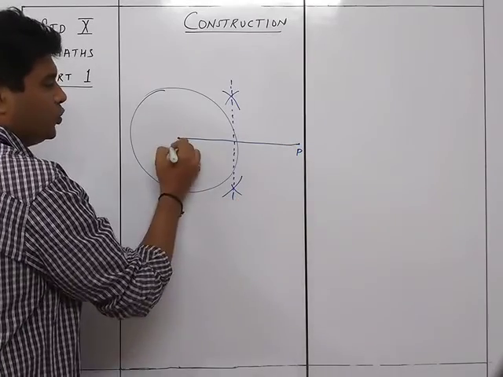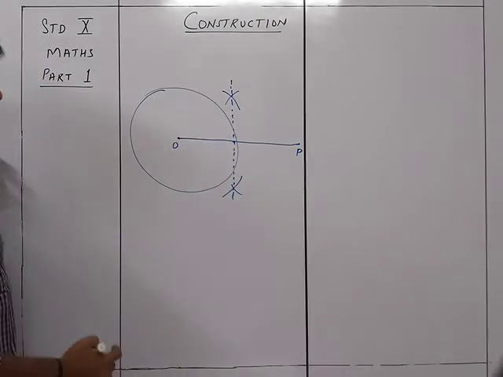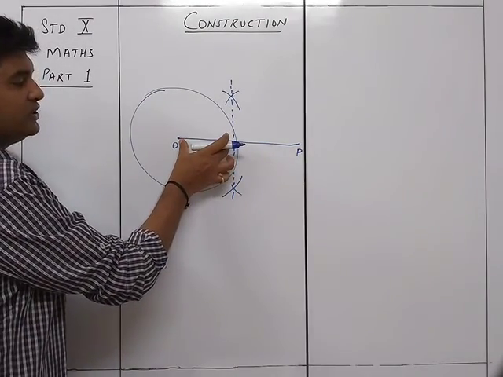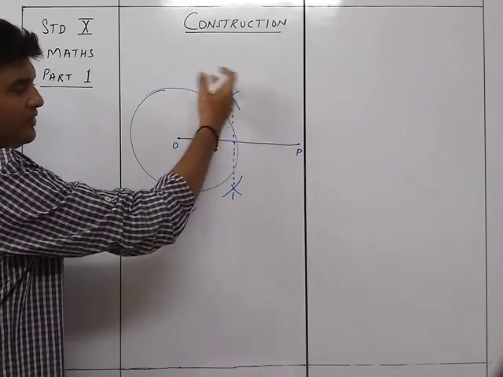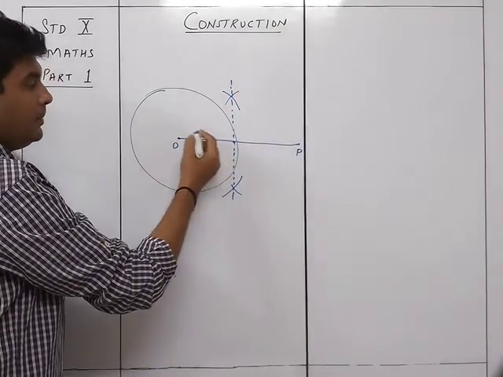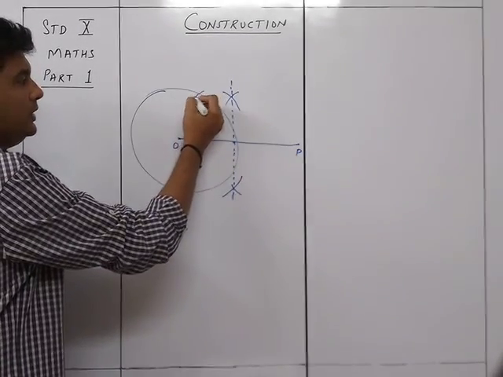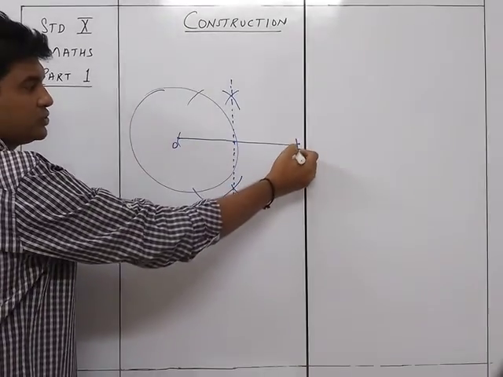Let's take it as OP. From this particular point, that is the midpoint of OP, what you are going to do is take a measure equal to this much, okay, and you are going to cut arcs, or you can even draw the complete circle if you want. But otherwise, the easiest thing is to just draw arcs over here and over here. Of course it is going to pass through this also, it is going to pass through this also.